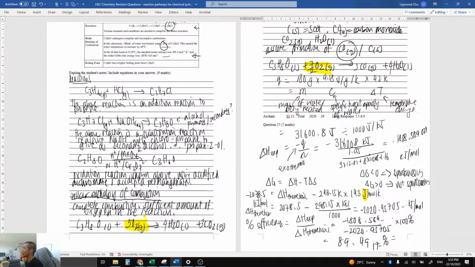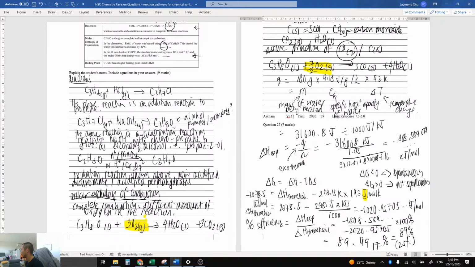If we were to round this, not that this question is asking, but we want to express as much information as we can, how many sig figs do we use? We use two, from the 42, so let's do 89%, 2 sig fig.